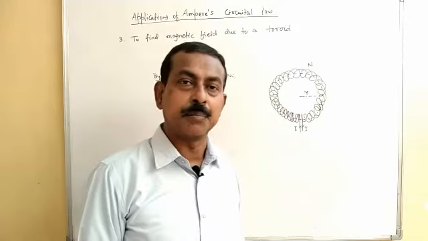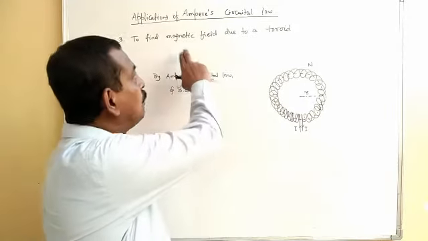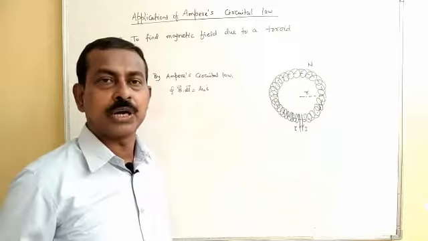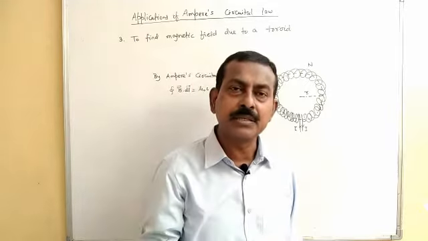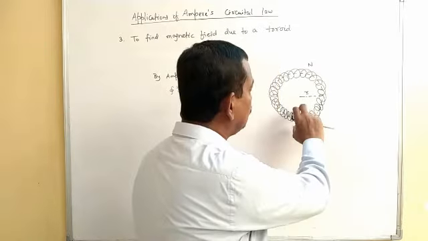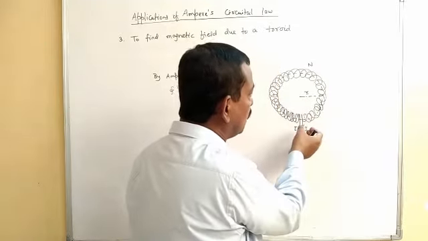Let's take the third application: to find the magnetic field due to a toroid. For a toroid, suppose you have a long solenoid and you bend it in the shape of a circle.